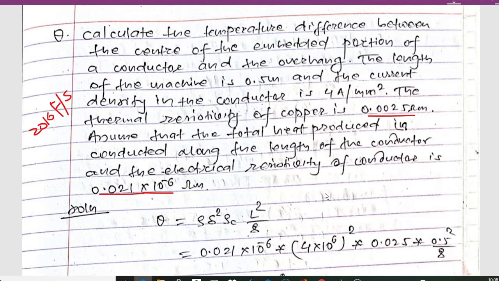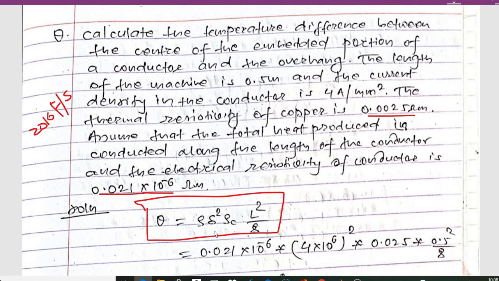In these questions all the parameters are given, you just need to remember the formula and apply it. So theta will be rho delta square rho c L square upon 8. The value of rho, the electrical resistivity of the conductor, is given as 0.021 into 10 power minus 6.